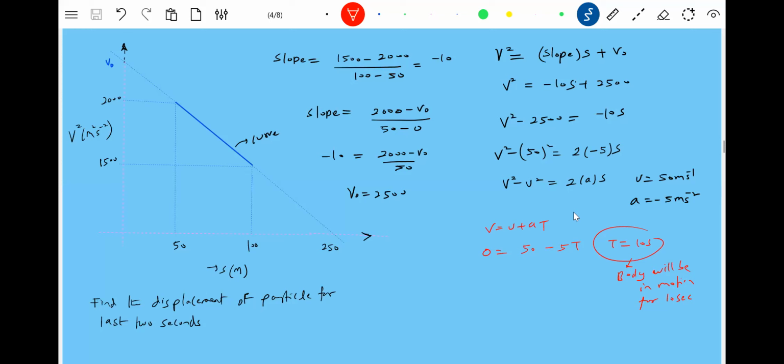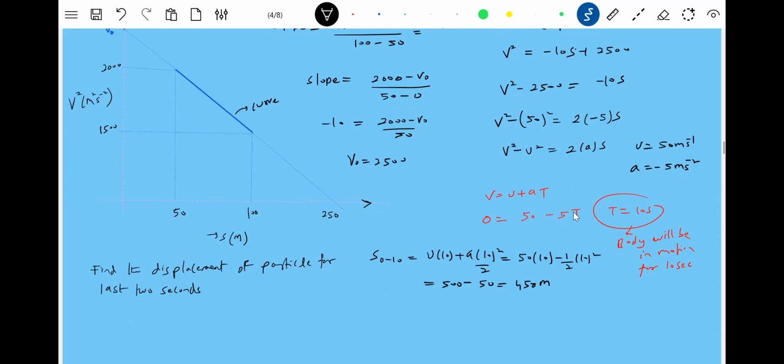Last 2 seconds, so we'll do one thing. Distance covered for 0 to 10 seconds: s equals u t plus half a t square. U is 50, times 10, minus half of 5 into 10 square. 500 minus 250. For 10 seconds, it will move 250 meters.